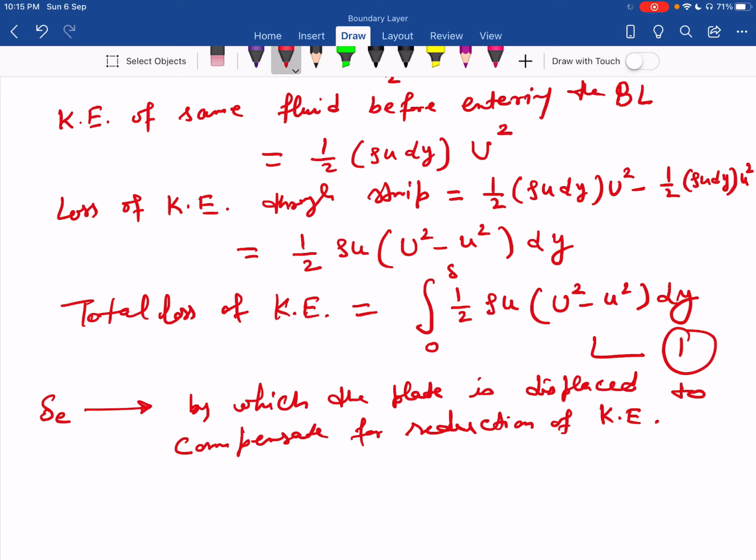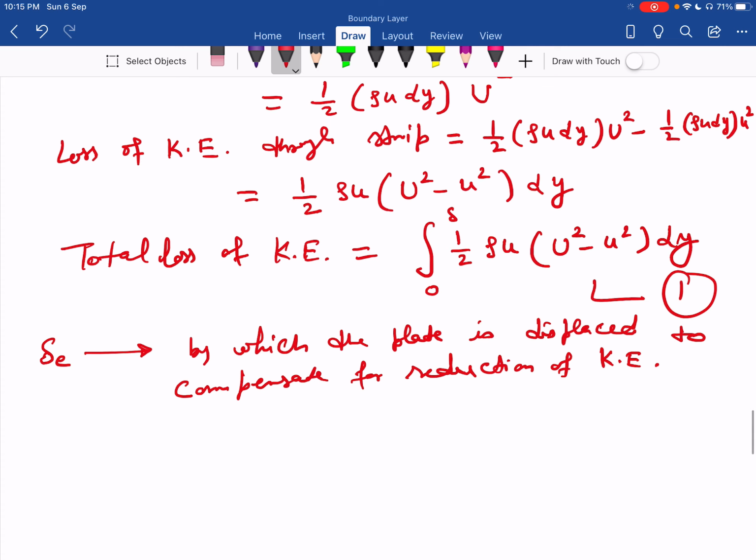Okay, so I move my plate from its original position by distance delta E. When I move the plate by distance delta E, the mass is rho U into delta E, and then its kinetic energy is half mass into velocity square. So this is your equation number 2.